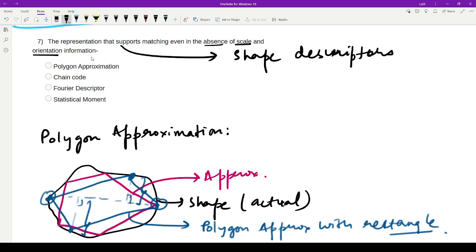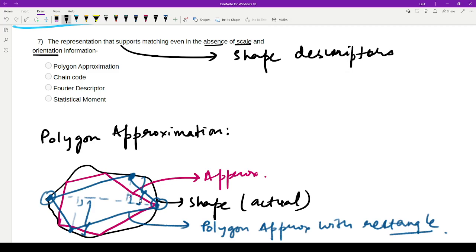So you're given the object like this in that black curve out there. Given the object, you don't need anything else. You can just get the polygon approximation independently of how the object is rotated. If the object is rotated, your polygon approximation will automatically get rotated.